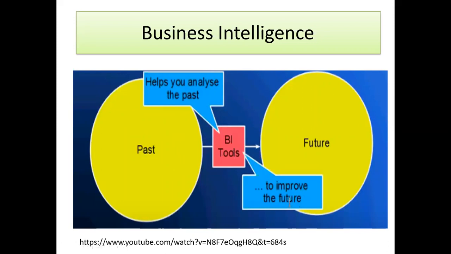That means we are going to make some changes based on this past data. If there is any raw data available, through those business intelligence tools, like if we consider the Weka tool for data mining, or some decision support system, based on these systems we are going to analyze the data, and make some changes for the future purpose. Okay, so this is the business intelligence.